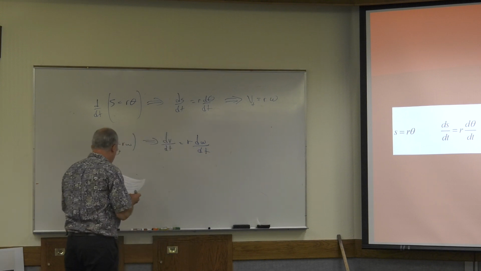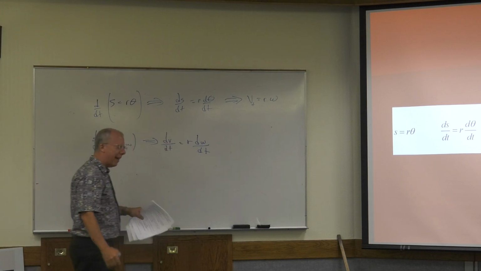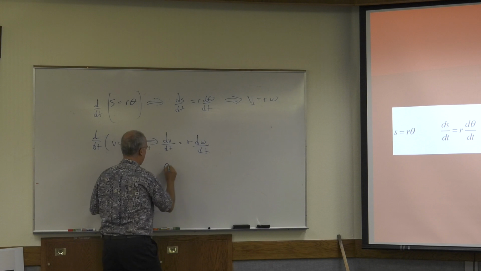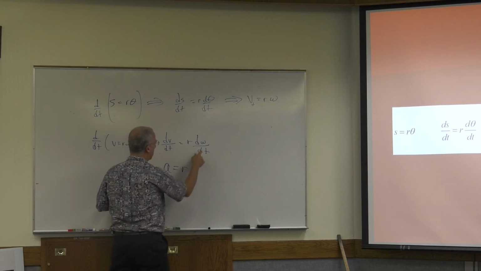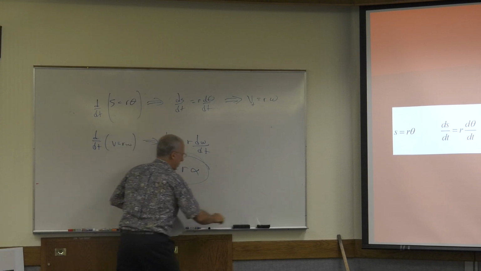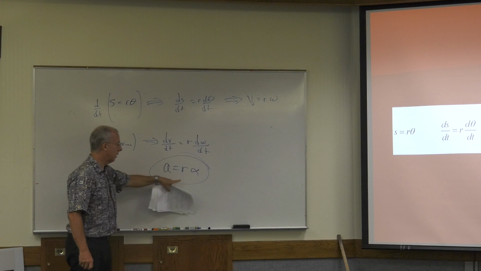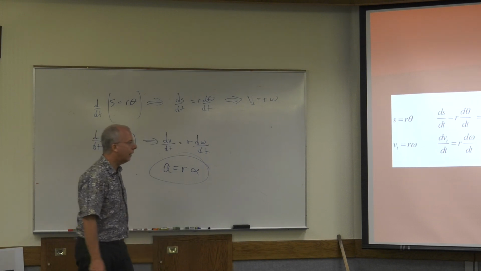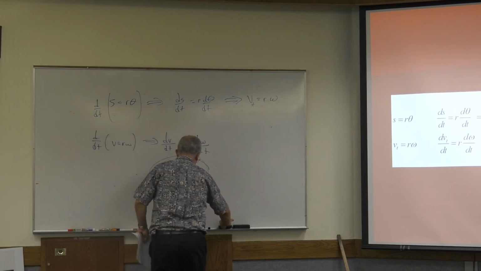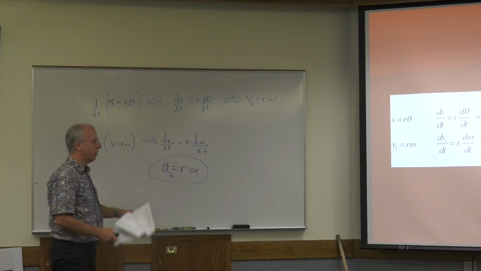All right? Okay, so what's dv/dt? It's a. R is r, and what's d omega/dt? It's alpha, right? So that's the equation that relates the linear acceleration to the angular acceleration. And again, if you want to put a t here, go right ahead. So a sub t equals r alpha.